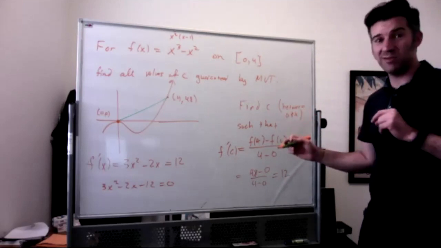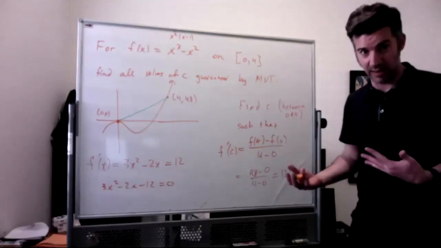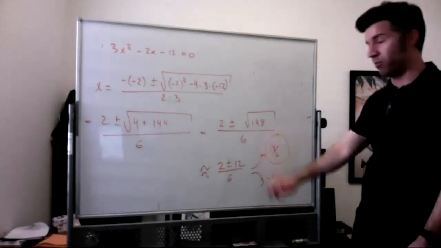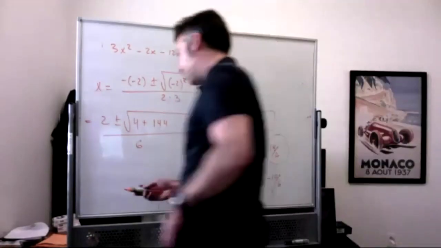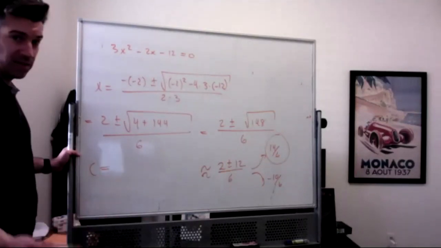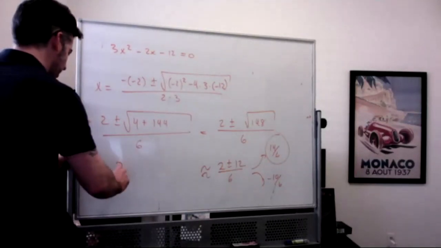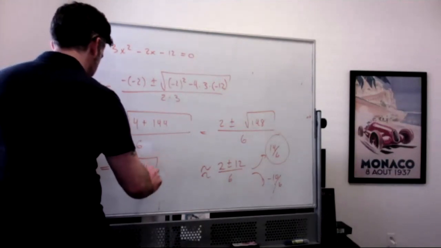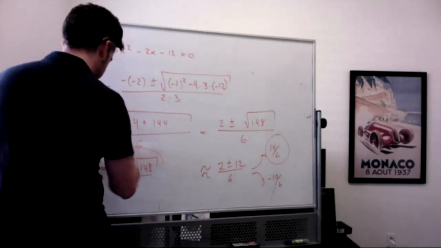If there are multiple answers between 0 and 4, then we should say them, but in this case there is only one answer between 0 and 4. So the only value of c guaranteed by the mean value theorem is the positive one, 2 plus the square root of 148 over 6.